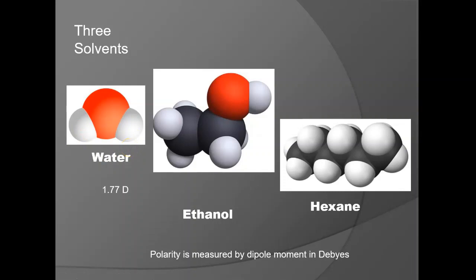hydrogens are. And you can measure this dipole moment in a unit called a debye. Water has a quite high dipole moment of 1.77. Ethanol, since it is in a lot of ways very similar to water, you can see this shape here made with the oxygen is really pretty similar to water.